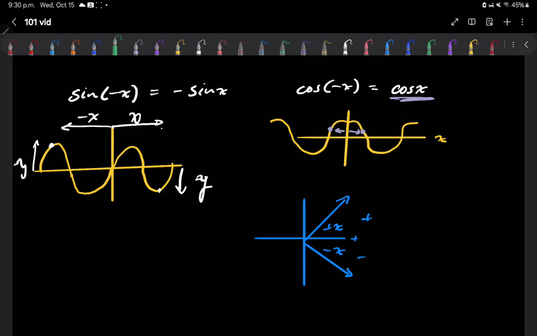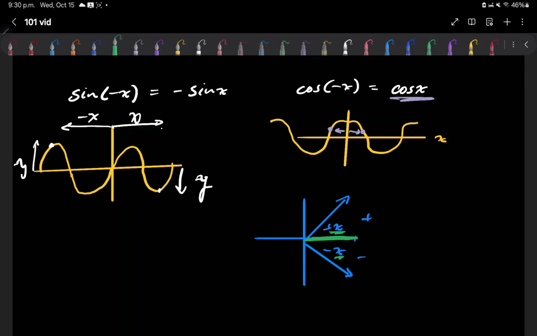So if we take the sine of negative x, it's going to be equal to the negative of the sine of positive x, because sine is the y-axis. And no matter what, if both numbers are the same but just have different signs, obviously the cosine will be the same.